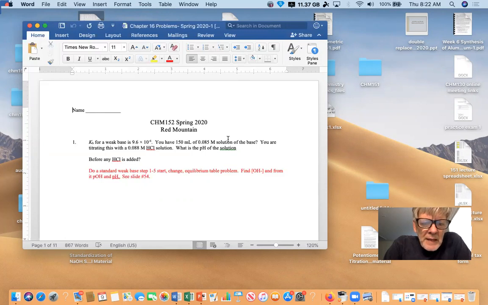So basically what that's going to mean is that when we do a start change equilibrium table, we're going to have two quantities that we start with, whereas in the previous chapter, we only ever had one. The other thing that means is that sometimes the two things, or the three things, that we're going to be adding together actually react with each other.